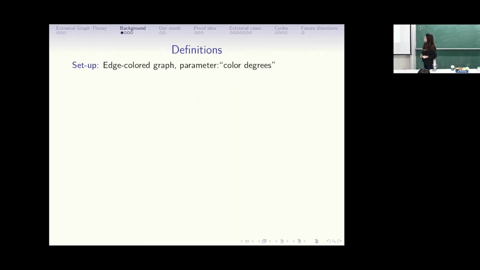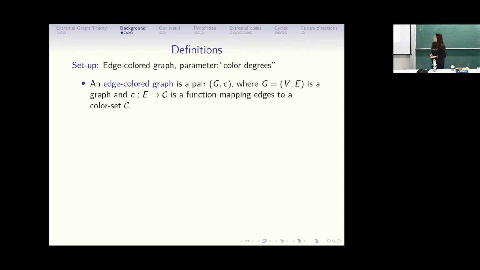What we are working on is in the setting of edge-colored graphs. And the parameter we considered is the color degrees. More precisely, an edge-colored graph is a pair (G, C), where G is a graph defined on vertex set V, edge set E, and we have a color mapping C that maps from the edge set to a color set, which gives a color to each edge.